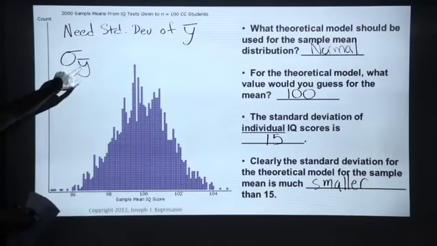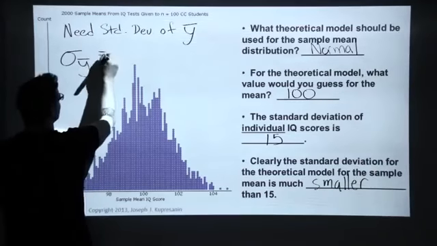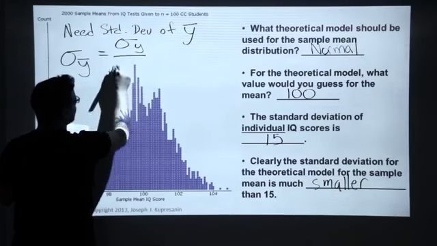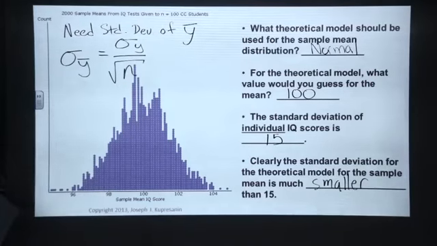Here's what we would do. We would take the standard deviation of y and divide that by root n. Okay? And that divide by root n should sort of remind you of the proportion problem, because square root of n showed up in all of those p-hat standard deviations.